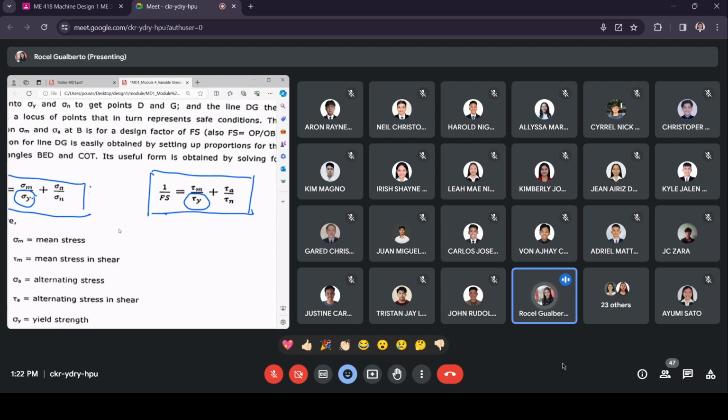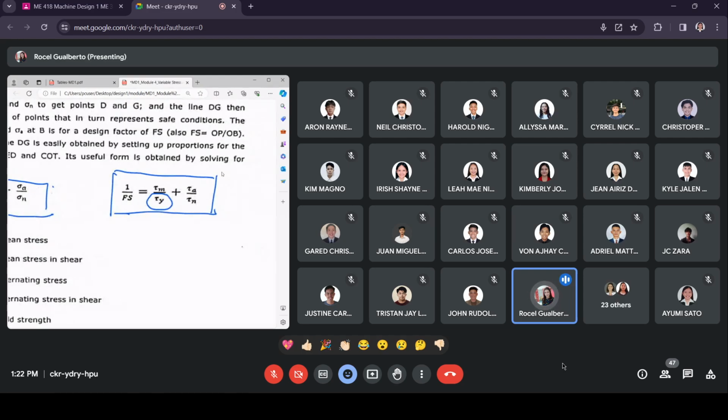But then you also have to choose between sigma and tau. So where are you going to use tau and where sigma? Tau will be used if the member is subjected to shear and also to torsion. But if the member is subjected to tension, compression, bending, and also if it is thin wall, you will be using sigma.